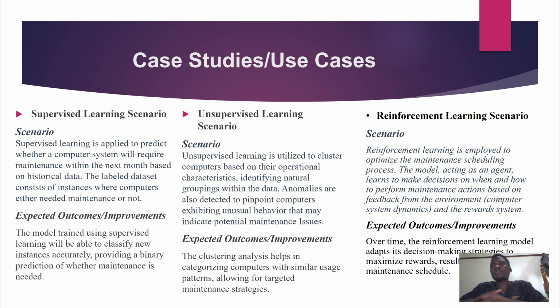And our last algorithm is reinforcement learning, where the scenario is employed to optimize the maintenance scheduling process. The model acts as an agent, learning to make decisions on when and how to perform maintenance actions based on feedback from the environment, which is the computer system dynamics basically, and the reward system.